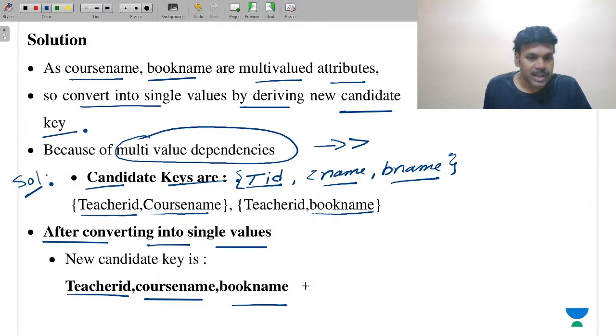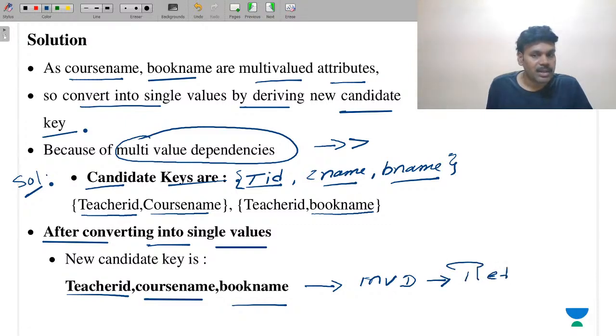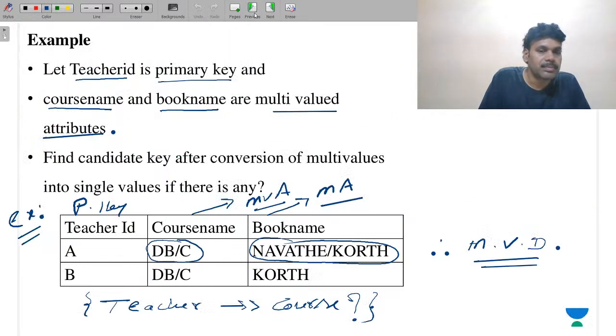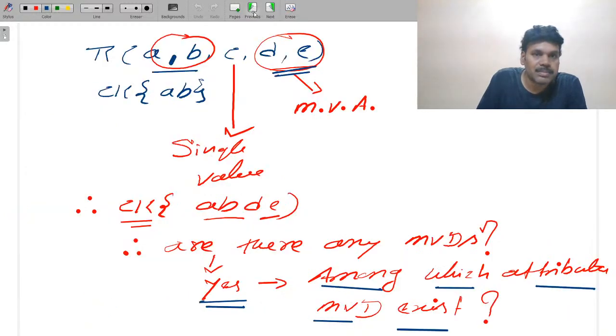Therefore, this leads to the concept of MVD. Therefore, you will find redundancy. Now, I want to tell you another important point. Whenever you have more than one one-to-many relationship, please observe our previous definition.